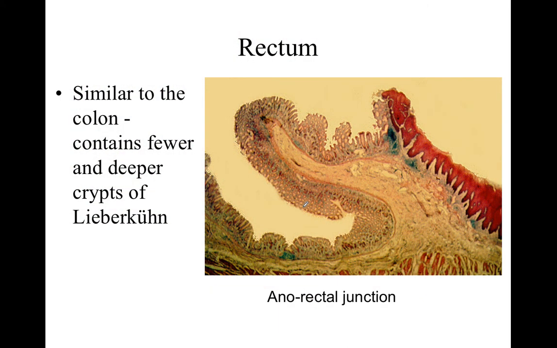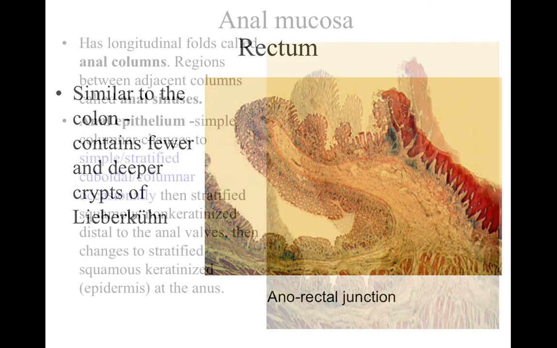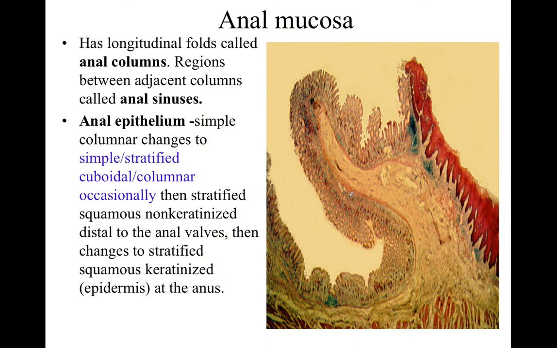The last portion, after the cecum and colon, is the rectum, similar to the colon, however it contains fewer and deeper crypts of Lieberkuhn, which are the intestinal glands. And then we reach the level of the anal canal. It consists of the anal columns, and between these columns we have the anal sinuses.